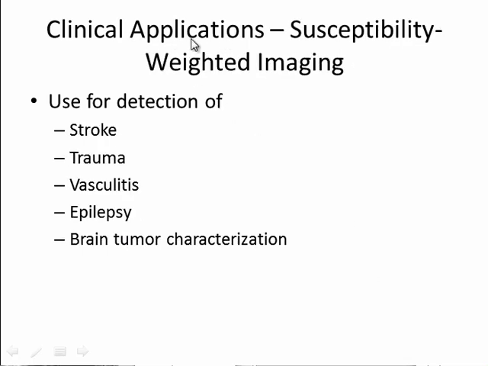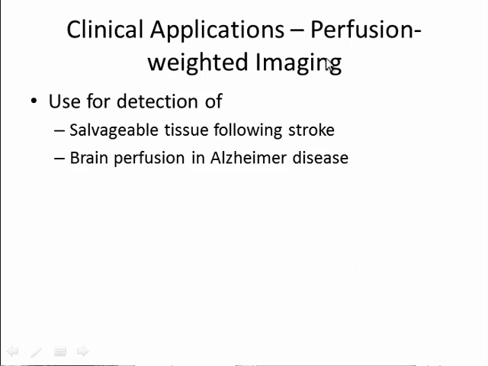Another type of application is susceptibility weighted imaging, and this is another form of T2 star weighted imaging, but it adds some more information, such as the phase of the image, and this is useful for detection of stroke, epilepsy, and brain tumor characterization. Perfusion weighted imaging is a very interesting type.